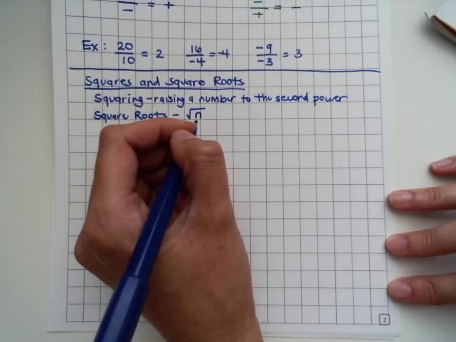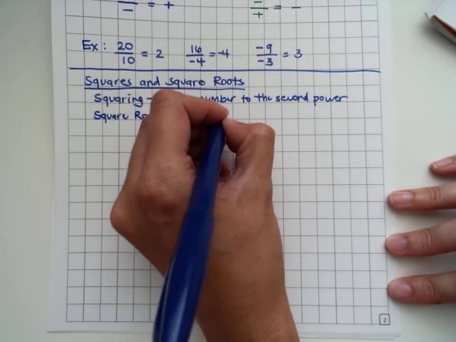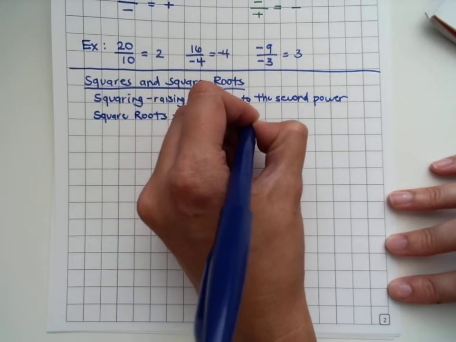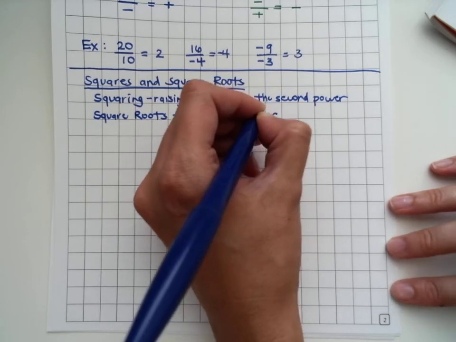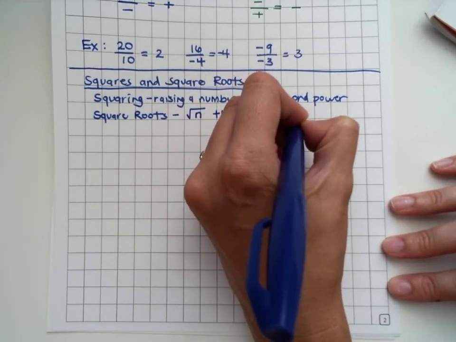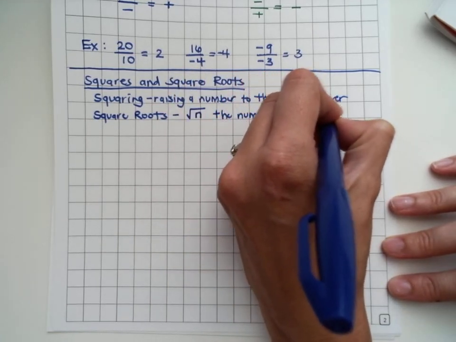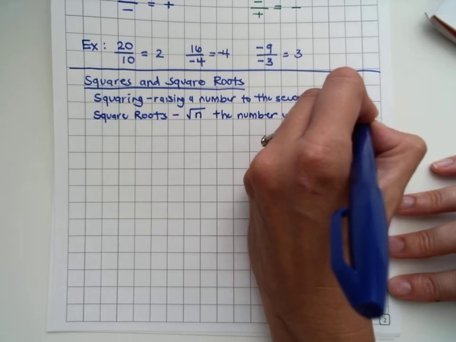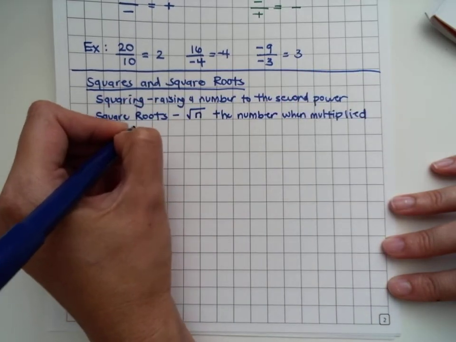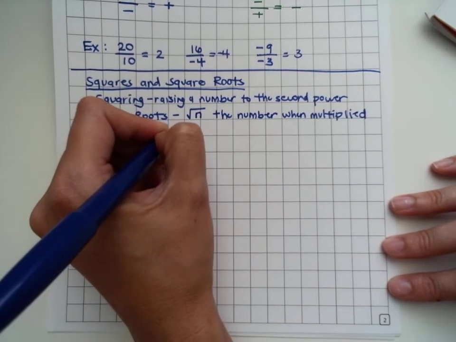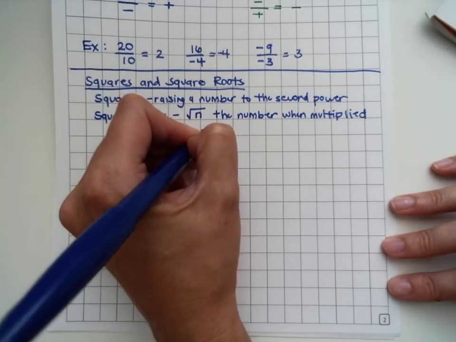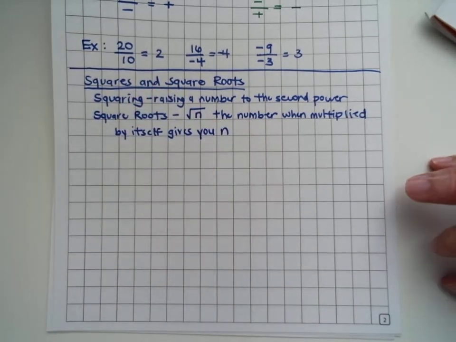It's the number that, when multiplied by itself, gives you n.